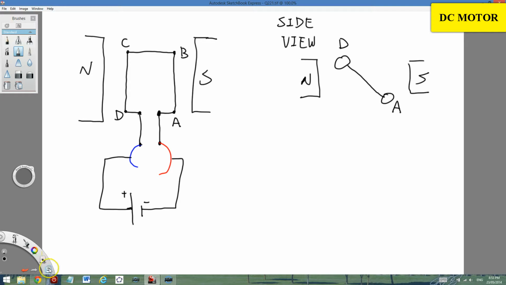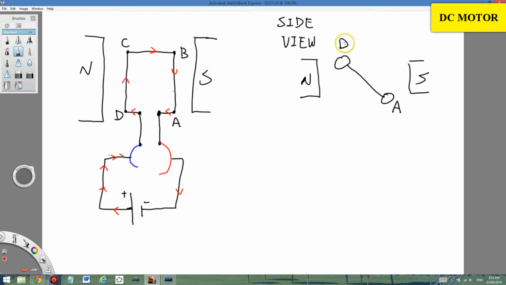Now have a look at the top view. The current is still going through like this, and comes back from positive to negative. So in this case the current is going to flow from D to C to B to A, and come back this way.